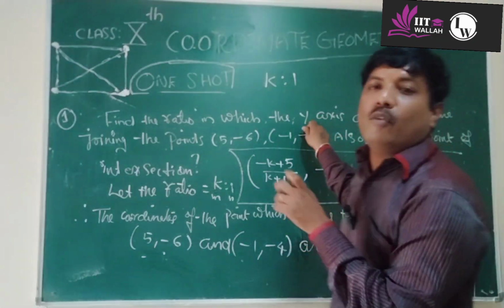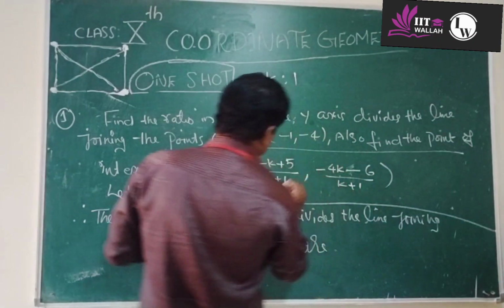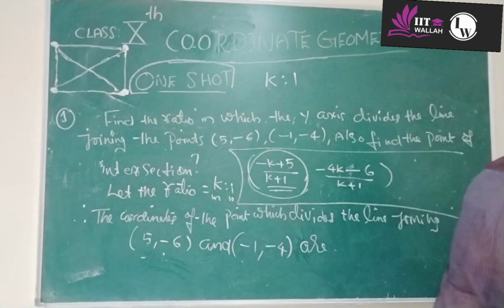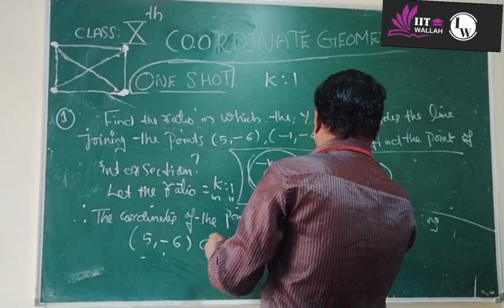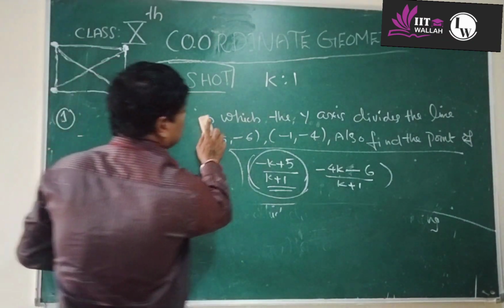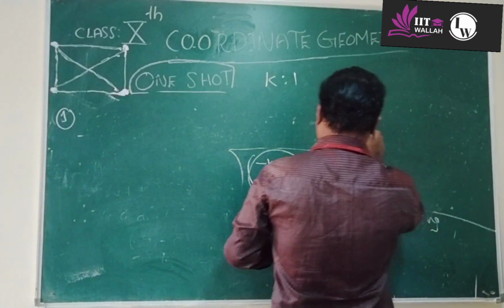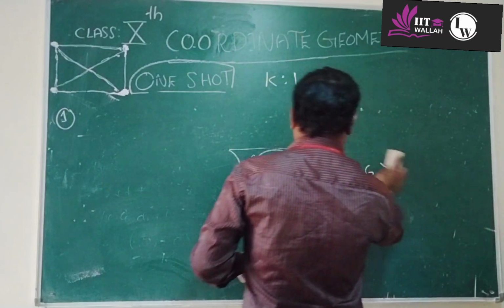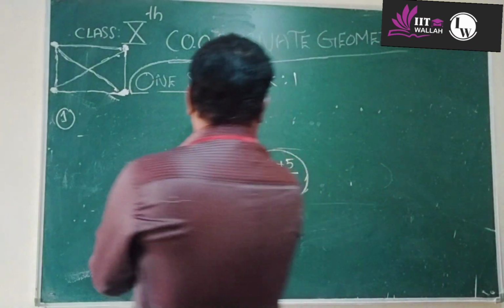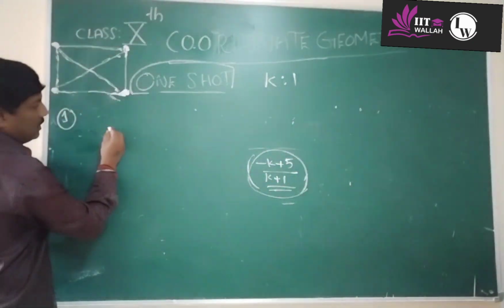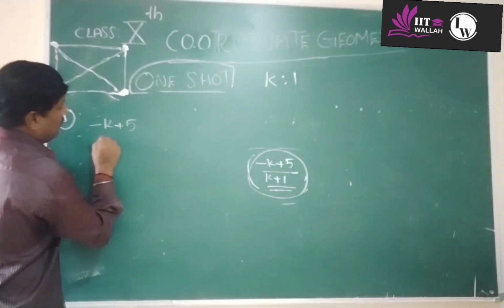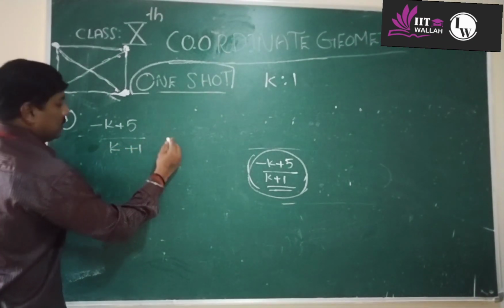In the y-axis, x is equal to 0. That means this is equal to 0. So minus k plus 5 by k plus 1 is equal to 0.